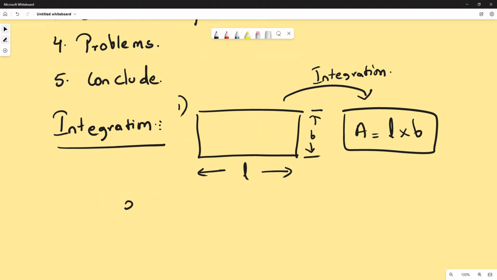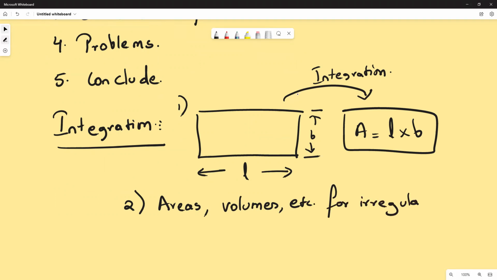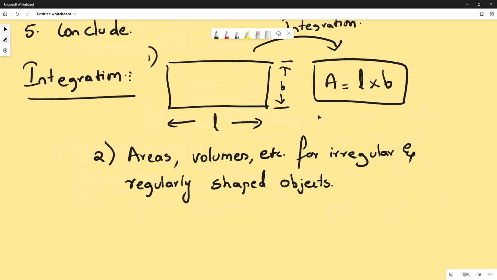Integrations are mainly used for calculating areas, volumes, etc. for irregular and regularly shaped objects. Now, if you ask me what is the area of a rectangle, I'm able to tell you that's length into breadth.